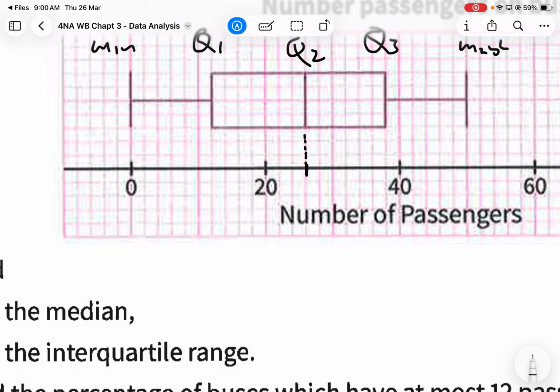Your challenge is to read what the value at this point is. From 20 to 40 there are 10 small boxes. 10 small boxes is 20, so every small box is 2. So here is 20 plus another 3 small boxes, so it should be 26. So your median here is actually 26.